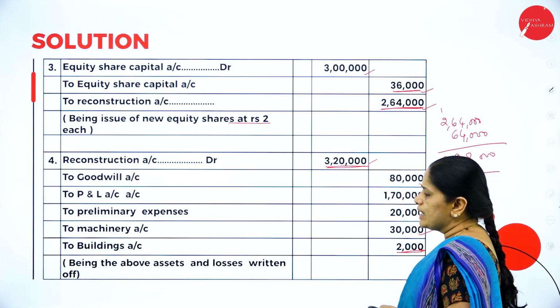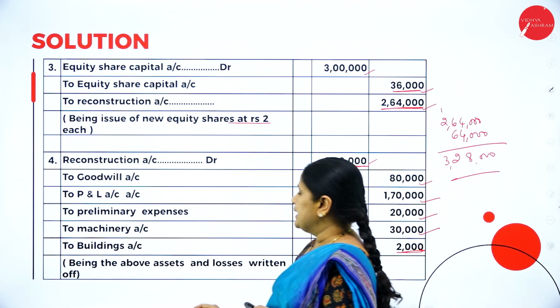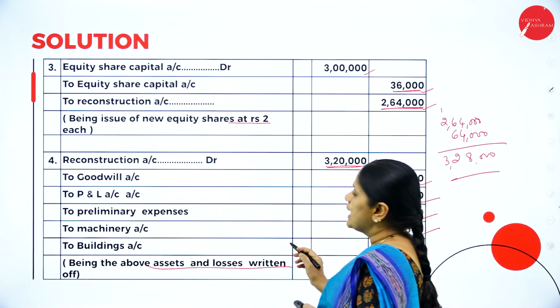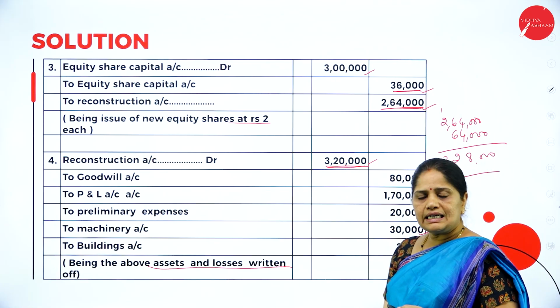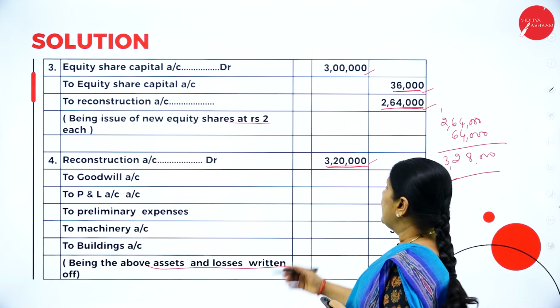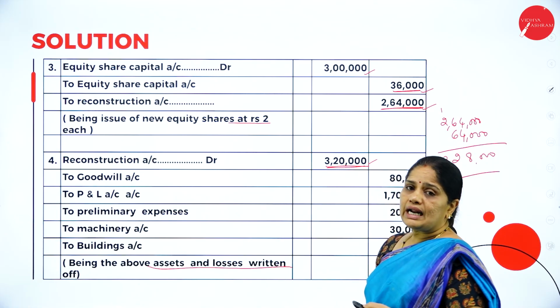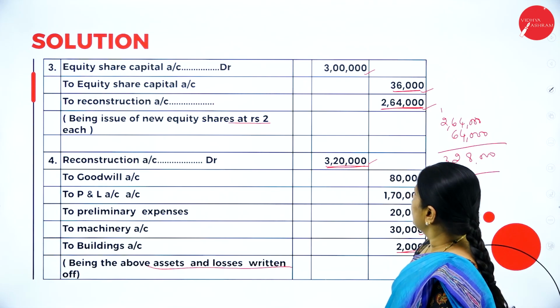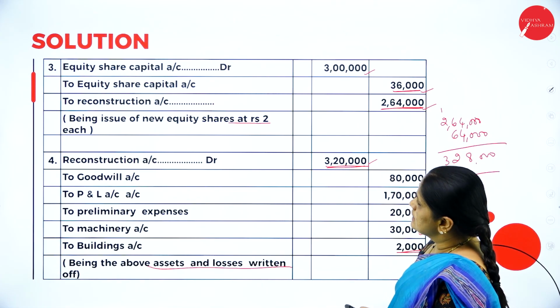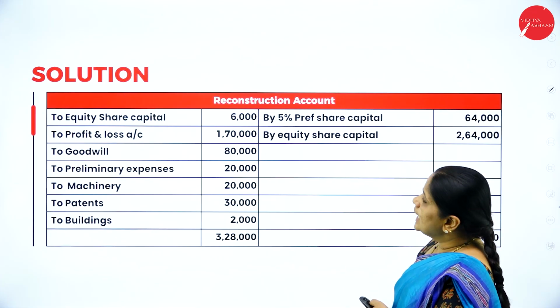The balance I am using to write off the buildings, being the above assets and losses written off. Whatever is the money collected in the reconstruction account, I am making use of it to write off the losses of the company.